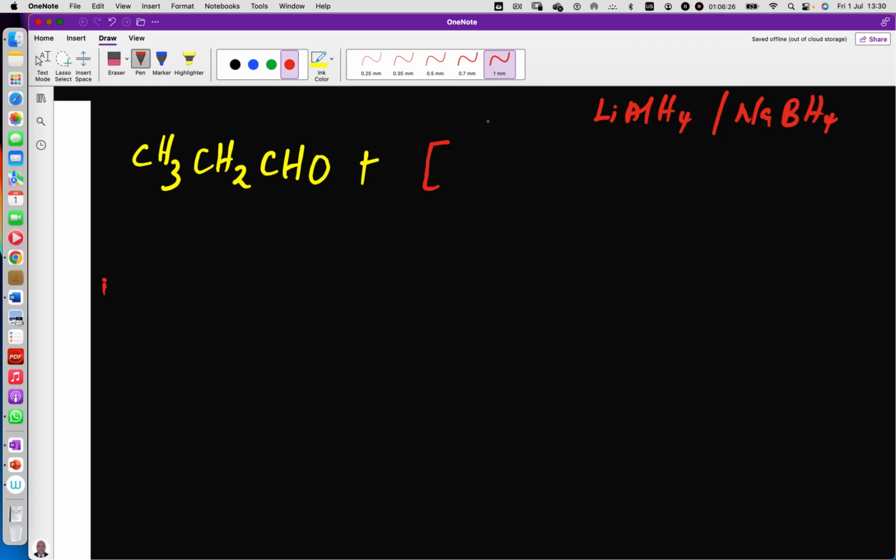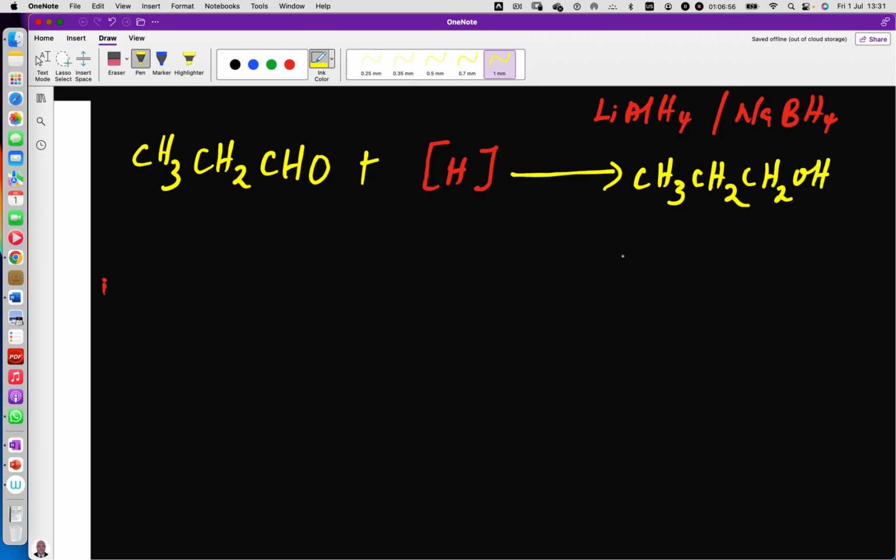So we are reducing this one back again by reduction to what we call primary alcohol. The primary alcohol for propanal is propan-1-ol. So propan-1-ol will be CH3, CH2, CH2, OH. That will be the whole thing.